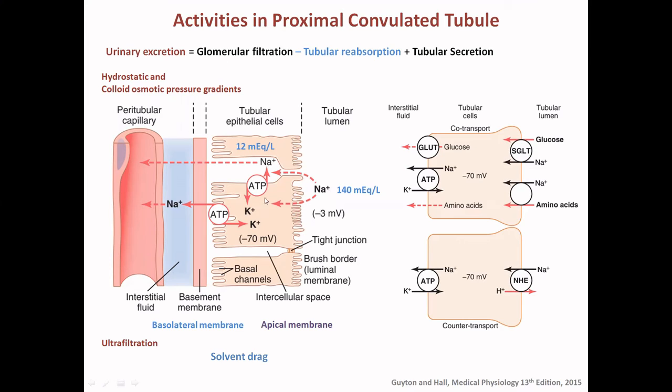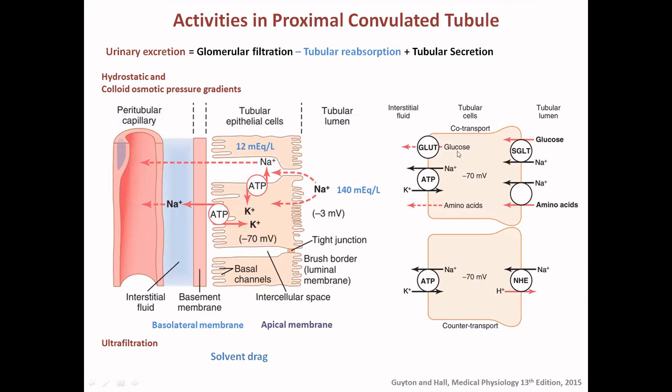For the potassium, this is for the maintenance of the potassium concentration in the tubular epithelium. Then other substances like glucose: there is a sodium glucose import. This is secondary active transport because sodium is moving along the concentration gradient, and glucose is being co-transported.